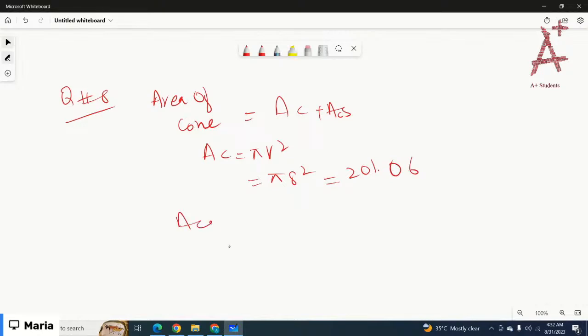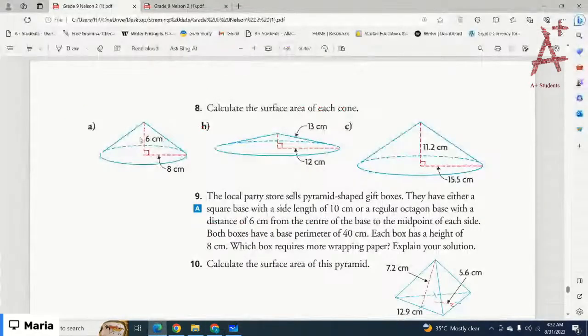So area of the curved surface is pi r l, right? L is the slant height of the cone. Let's see, the height of the cone is, but you are not given the height of the cone, right? You are just given the height of the right angle triangle, right? So you can just use the Pythagorean theorem. This is basically the slant height.